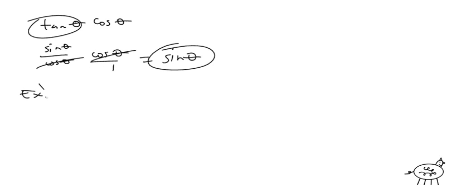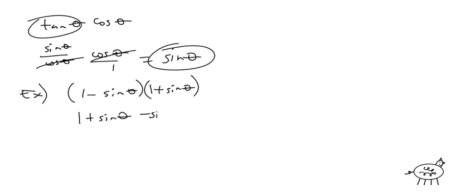Okay, let's do another example. 1 minus sine of theta times 1 plus sine of theta. Well, what are you going to do? You're going to FOIL it out, of course, right? So I get 1 plus sine of theta minus sine of theta minus sine squared of theta. So these cancel out, and I get 1 minus sine squared of theta.